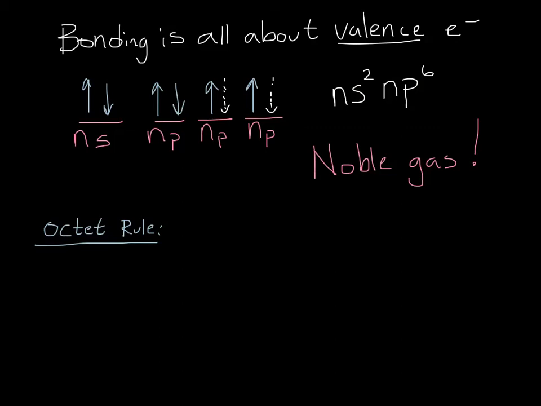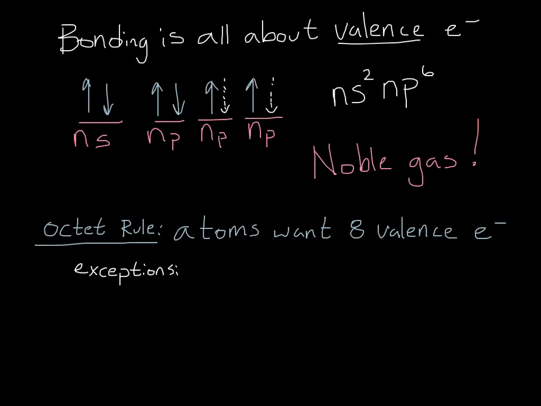So the octet rule says that all atoms want to have 8 valence electrons. So 8 electrons in their outermost row, and that will give them this s2p6 configuration and make them look like noble gases. However, there are a couple exceptions to that. First and foremost, which is helium. That's a noble gas, and it's already stable, and it only has 2 valence electrons.